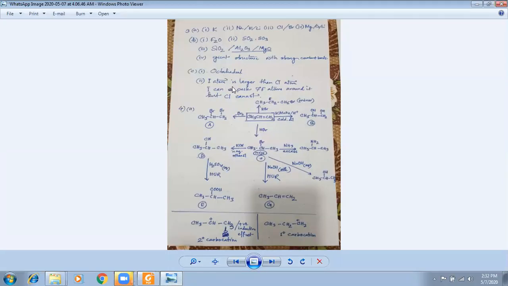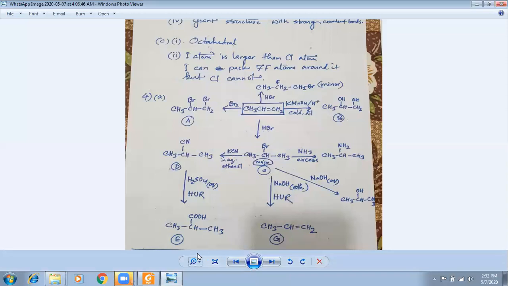So I have written it here that the iodine atom is larger than the chlorine atom. Iodine can pack 7 fluorine atoms around it, but chlorine cannot. So that is the answer. I hope you can see it, right? Look at this: the iodine atom is larger than the chlorine atom. Iodine can pack 7 fluorine atoms around it, but chlorine cannot. That's why it doesn't happen.